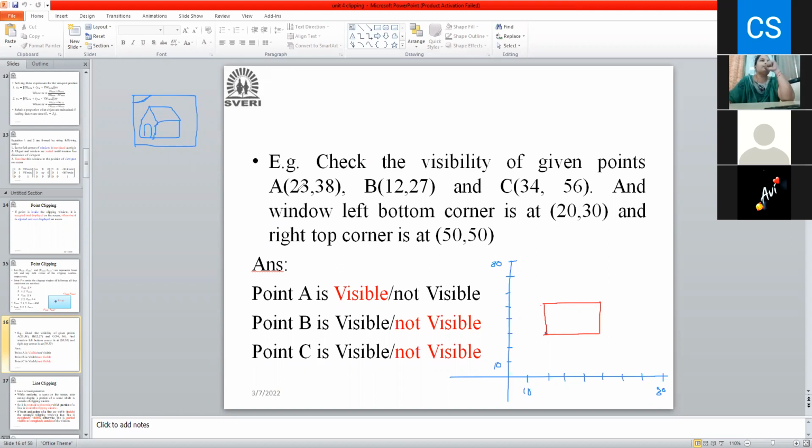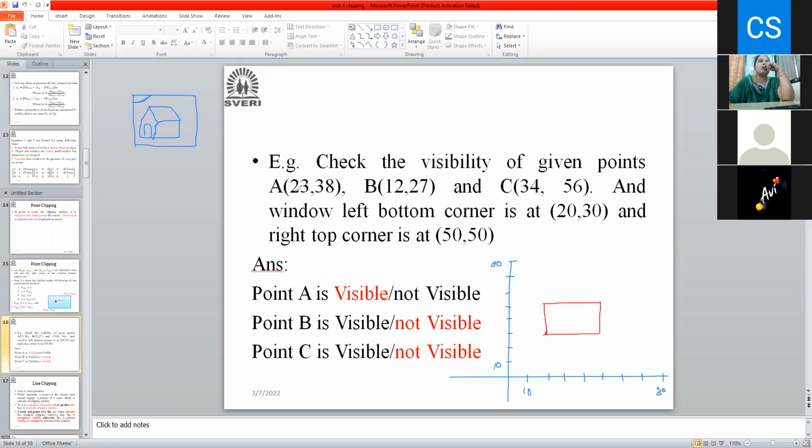So check, x value is 23. So what is the x of window? X is 20 to 50. So x is ranging from 20 up to 50. So first condition is satisfied. 23 lies in between 20 and 50. What about the second condition? The y value 38, where 38 is lying, it is also lying in between 30 and 50. So point A is considered as visible point.